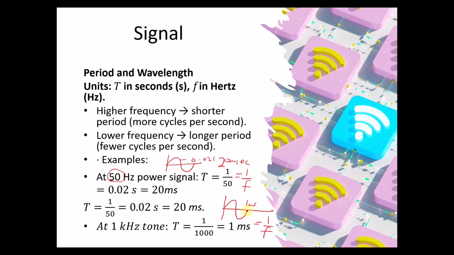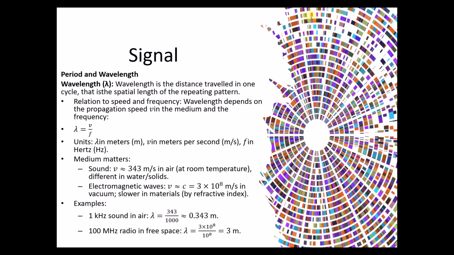In the same way, you can calculate frequency from period. Now we explained wavelength earlier on in the slide above. Let's look at how we can calculate the wavelength of a signal. This is the relationship.